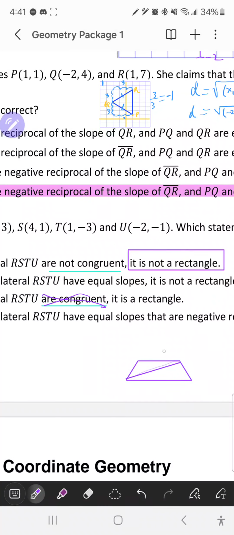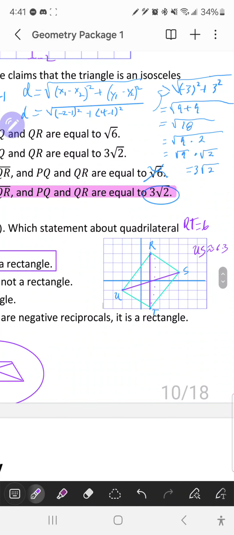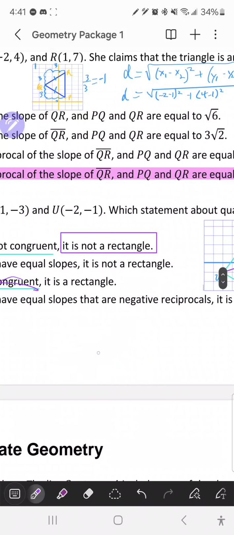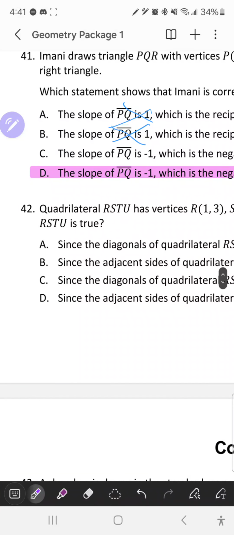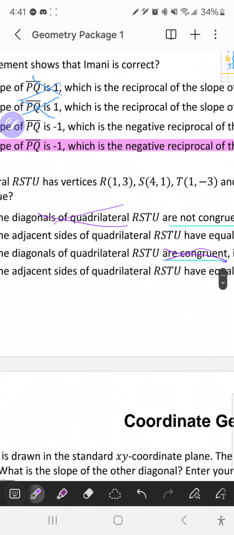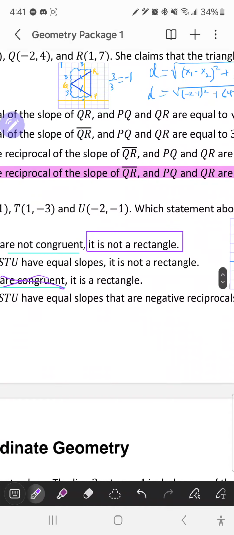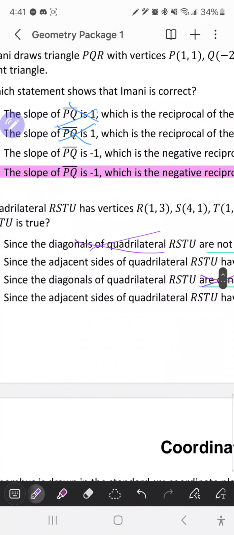The diagonals are going to be congruent, this diagonal is congruent to this, and this is an isosceles trapezoid. So if the diagonals were congruent, we cannot establish right away that it is a rectangle. So that's basically what I wanted to mean. So A is wrong. Now for B, the adjacent sides of the quadrilateral have equal slopes.